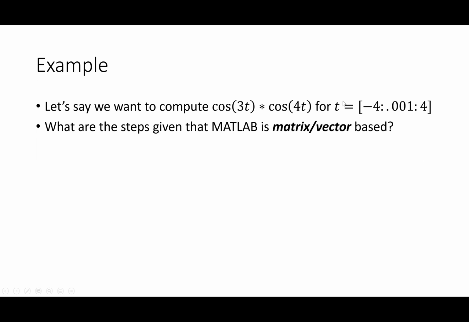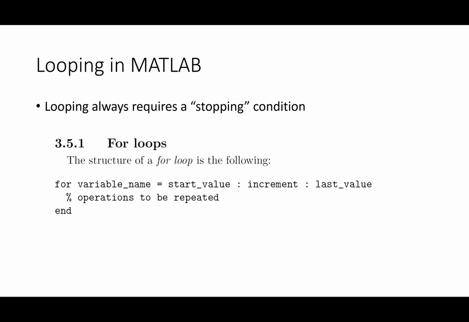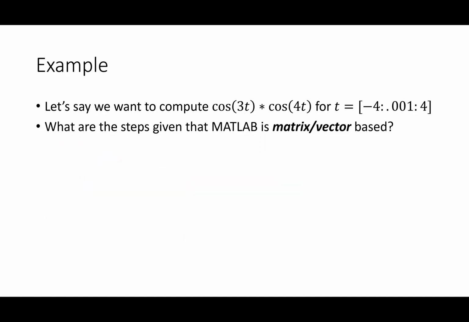My homework problem basically has 3 pieces. It says I want you to do this problem 3 different ways. Part A says I want you to use a for loop. Part B says a while loop. And part C says using what we call element-wise operations.